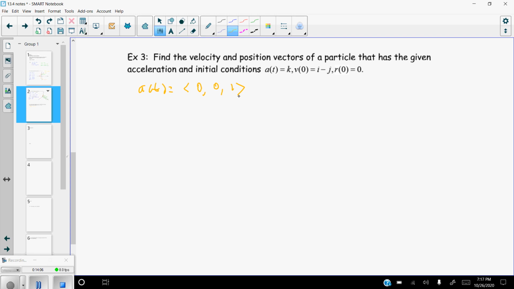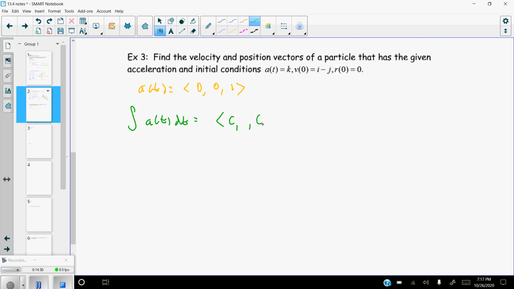So if I want to find v of t, that means we have to take antiderivatives, or integrate. So we start off by taking the integral of a of t dt. All right, so if I take the antiderivative here, I'm going to end up with some kind of constant, I'll call it c1.